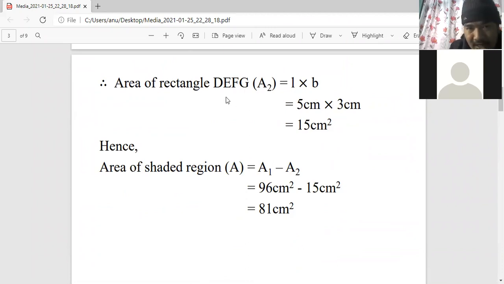When you find the area of the smaller rectangle, suppose A2, length is 5, breadth is 3, and it will be 15 centimeter square. Then when you subtract A1 minus A2, 96 centimeter square minus 15 centimeter square, you will get 81 centimeter square.